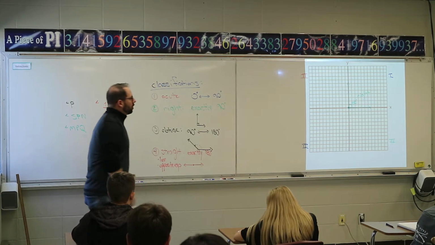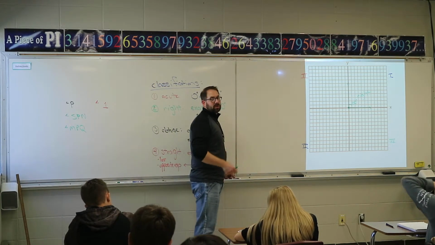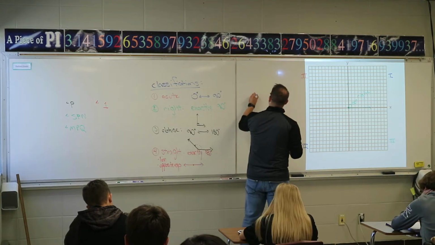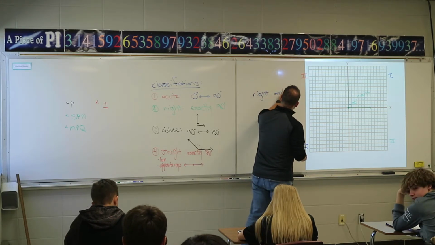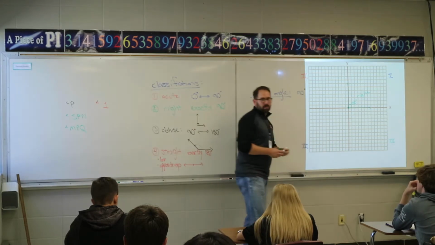There's a couple other terms I want you to know when we talk about right angles, so if you start reading them in the book, you understand why the book is suddenly using different words than I am. So we talk about right angles, 90 degrees. Here's the terms you need to be familiar with.